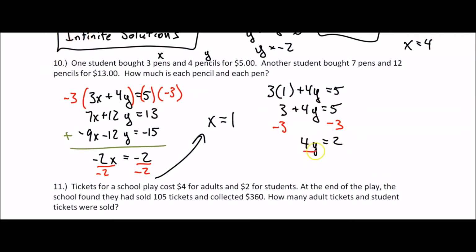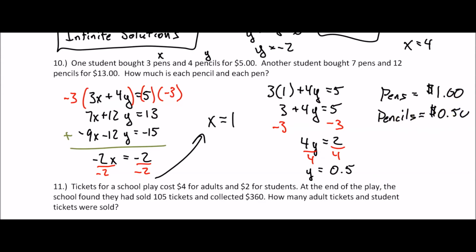And keep in mind, we are talking about money, so don't get scared of the fact that we're about to get a decimal here. 2 divided by 4 is 0.5. So in other words, it's saying the pens cost $1 each, and the pencils cost 50 cents each. Okay.